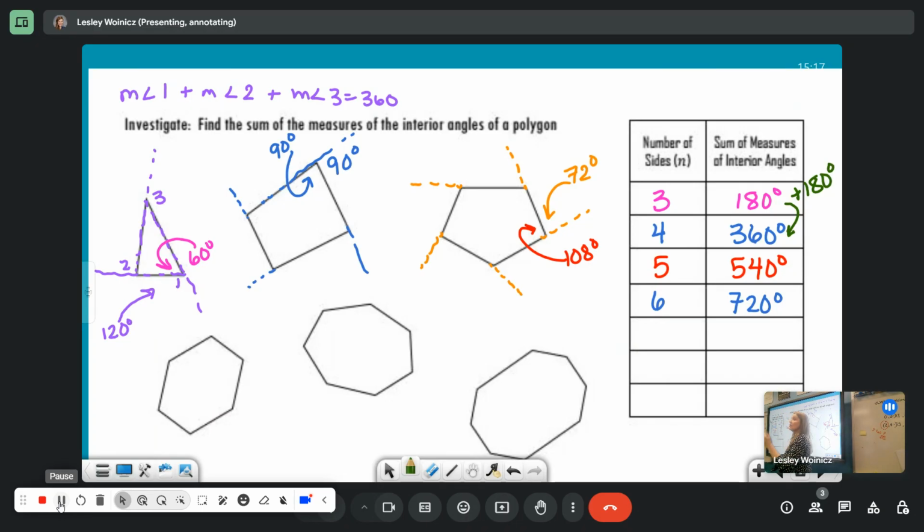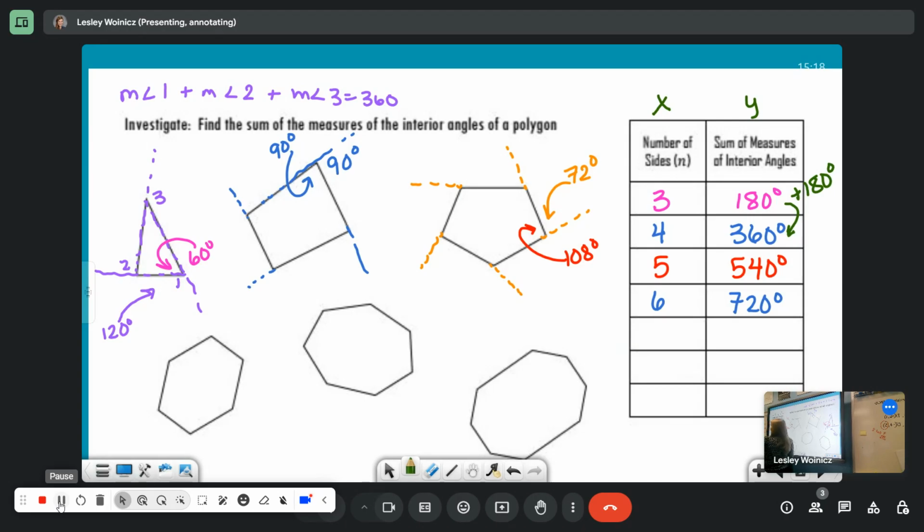Okay, so if you think about this as being like our x, and this as being our y, input, output, okay? We're going to use algebra, for those of you who are like, I miss algebra. Well, it's back. Welcome. If I look at my change in y, it's 180, right?